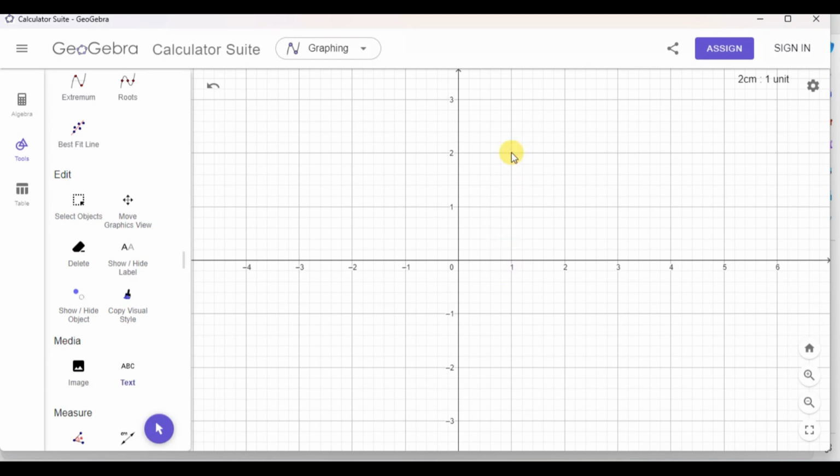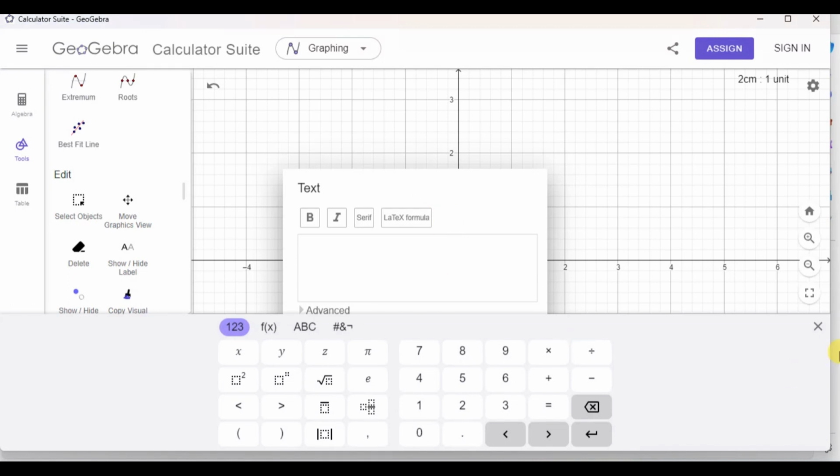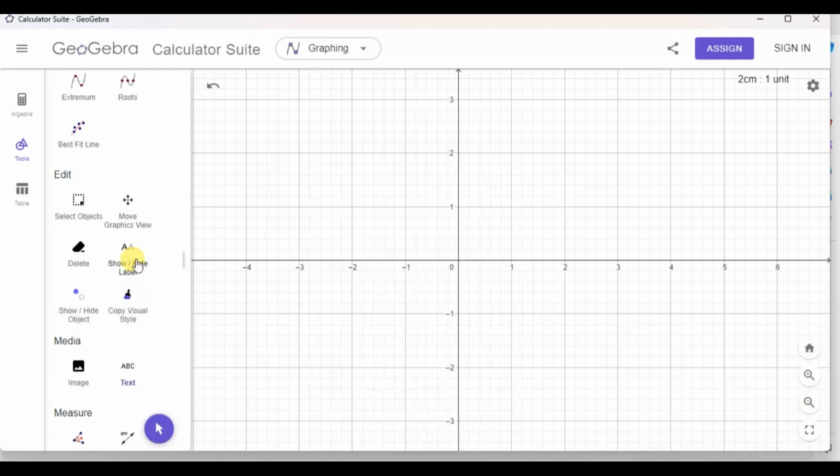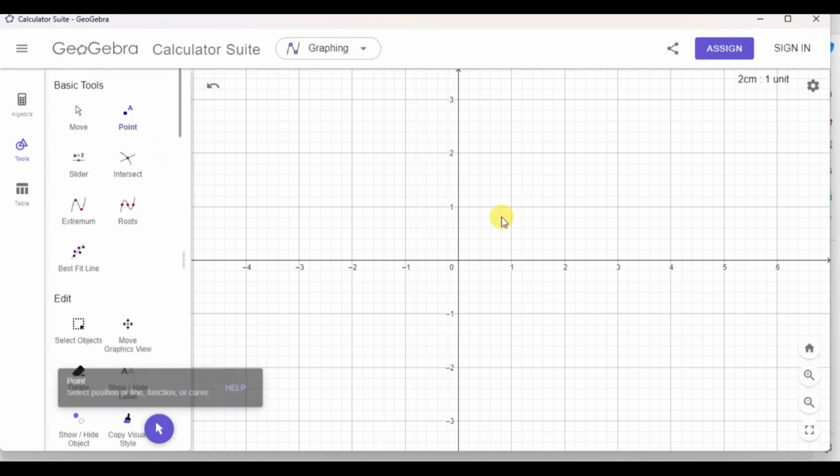So you plot it there. You plot it very carefully. Then the next value, let me pick 2, 3.